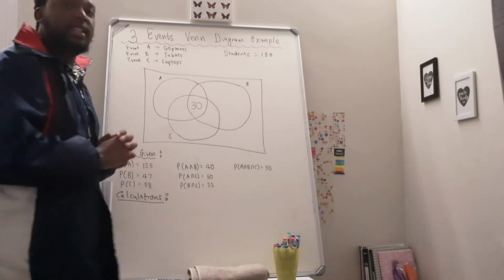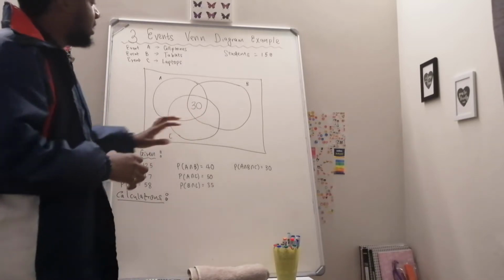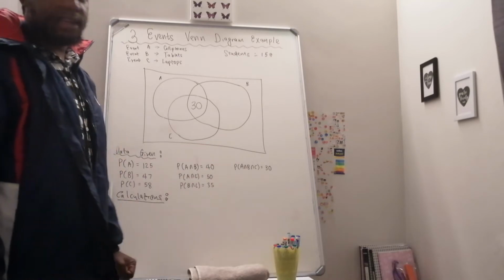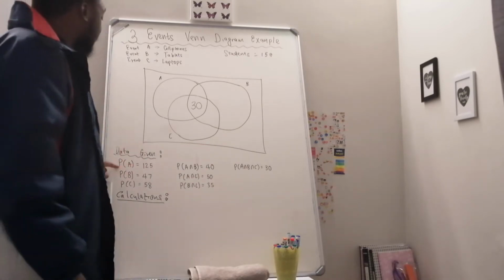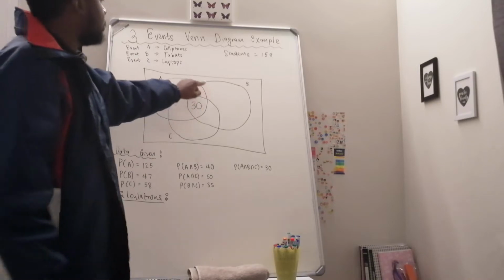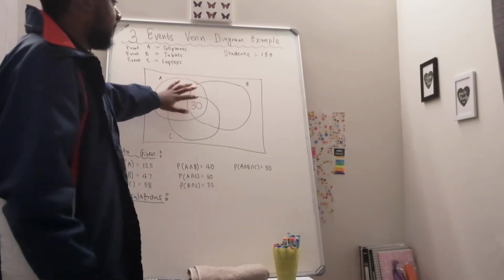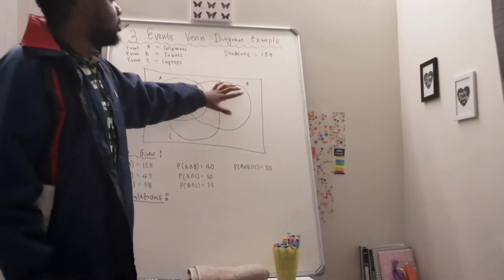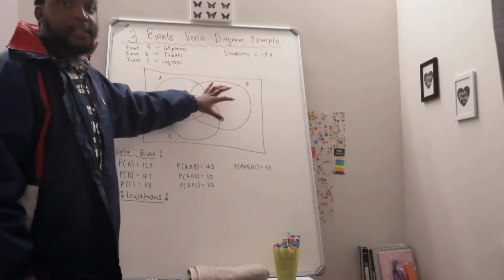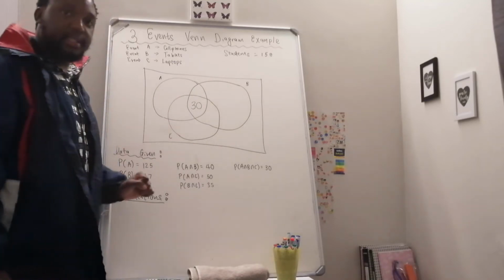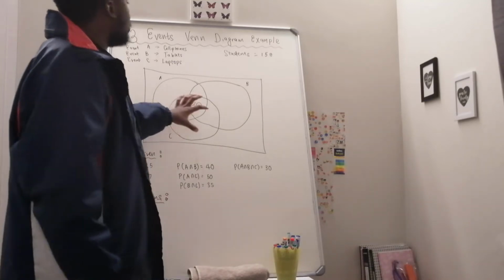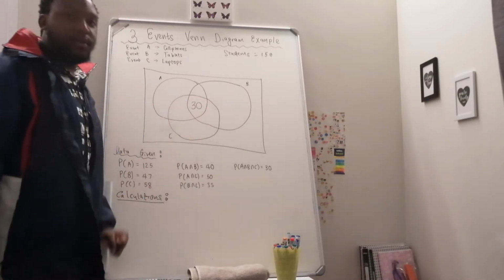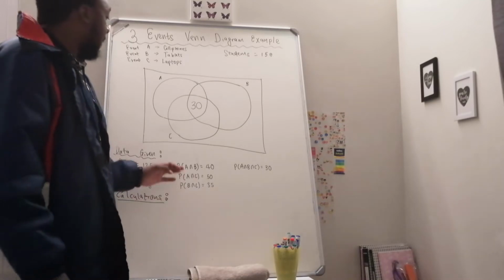Where is the 30 coming from? So the 30 forms part of the data that we're given. First of all, we're given the probability of A, that it's 125. We're also given the probability of B, which is 47. And we're given the probability of C, this whole circle, which is 58.